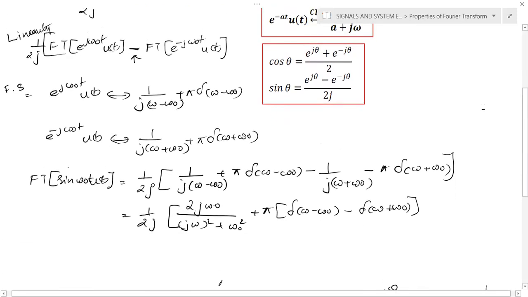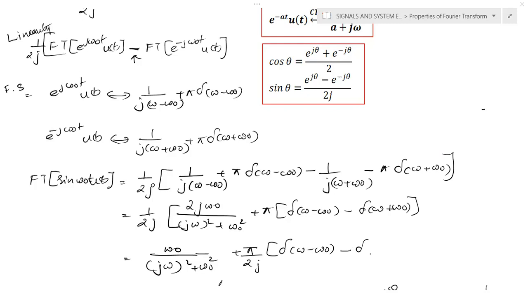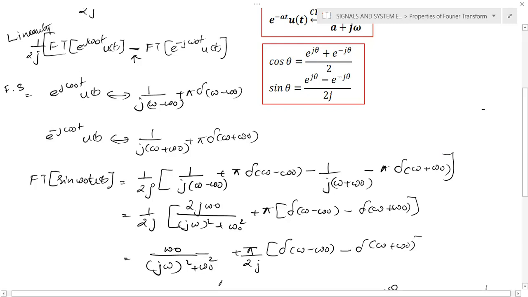If you multiply with 1 by 2j, it becomes omega 0 by (j omega) whole square plus omega 0 whole square, plus pi by 2j into del of omega minus omega 0 minus del of omega plus omega 0.